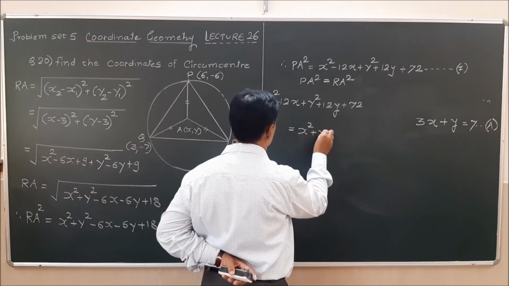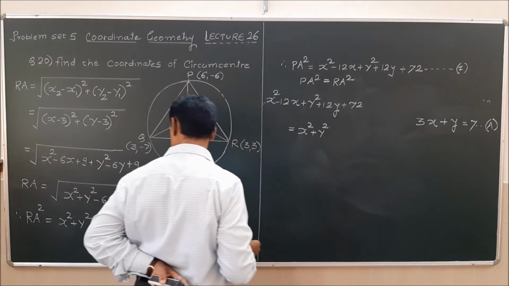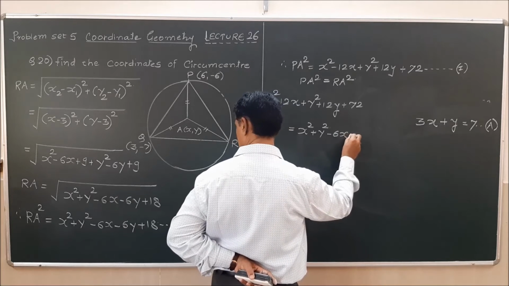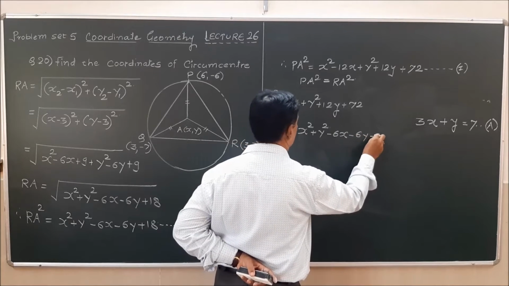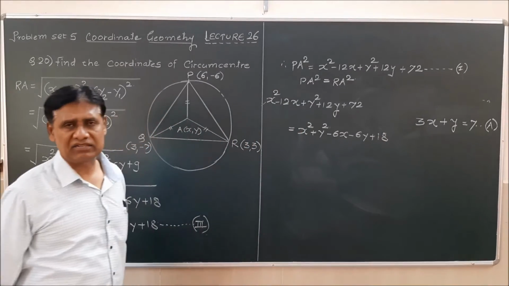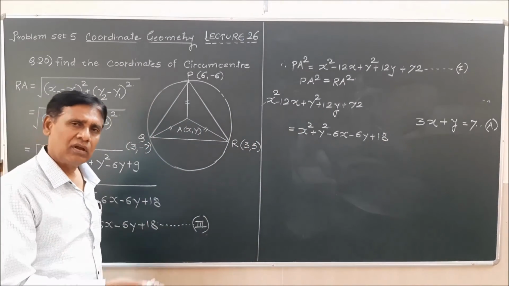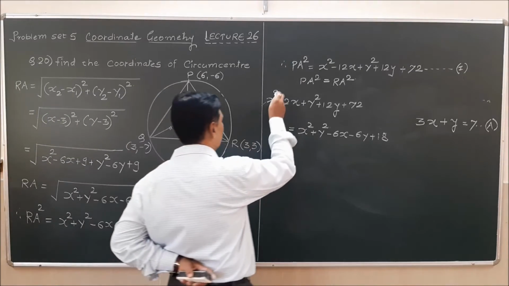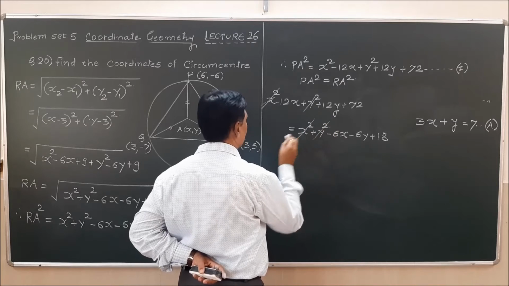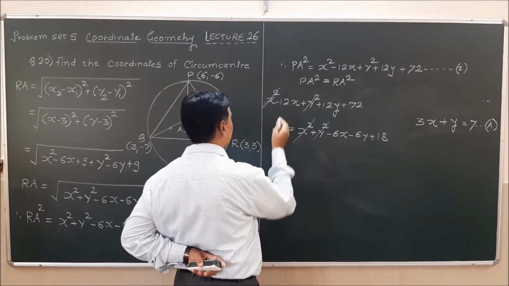x square plus y square minus 6x minus 6y plus 18. This is Ra square because they are also radii of the same circle. So x square plus y square cancel. Now let's see what we get.